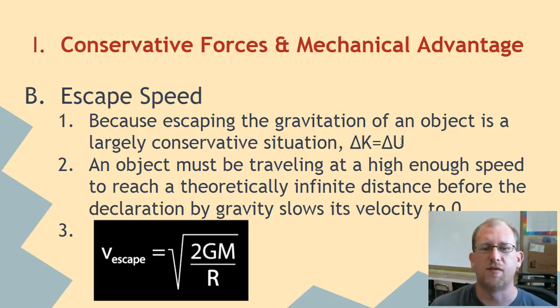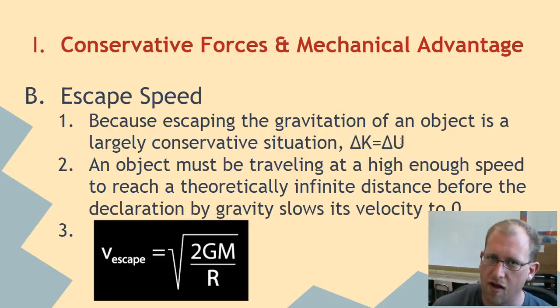Now, some interesting things about escape velocity is that the escape velocity does not depend on the mass of the object leaving gravity. And at first you don't understand why that is, but your book takes you through the steps in deriving the equation that I'm just going to show you. And in the derivation that it takes you through, you can see how the mass of the object leaving gravity doesn't matter.